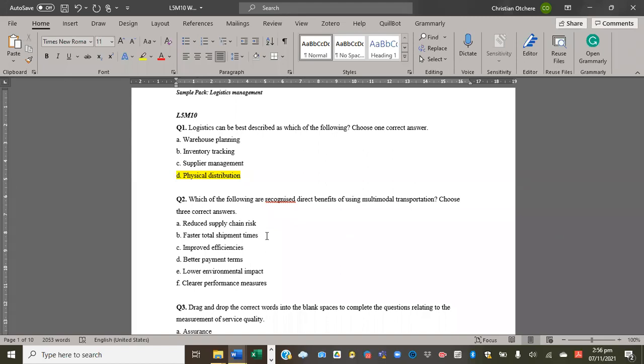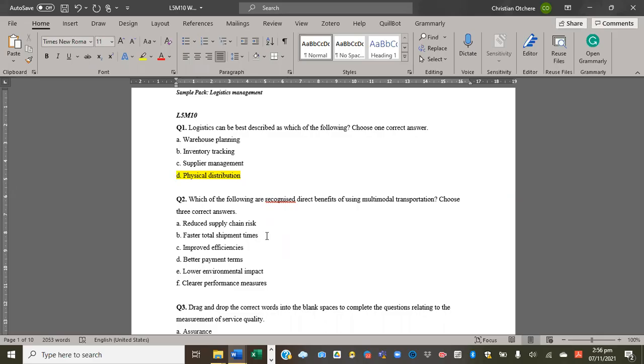Supply chain risk. Okay. Then you also mentioned faster total shipment times. Yes, that means the third party has the expertise to deliver on time and to avoid delay.